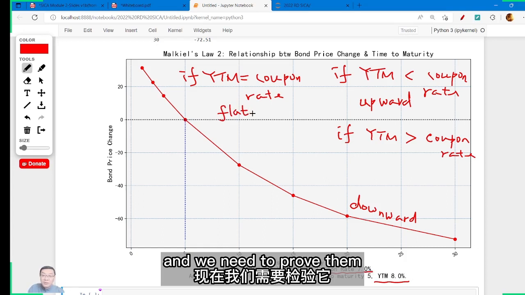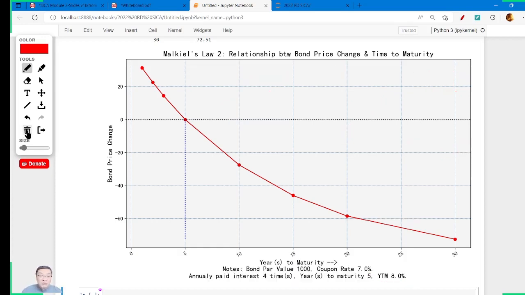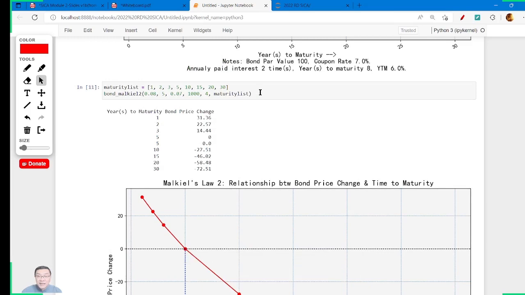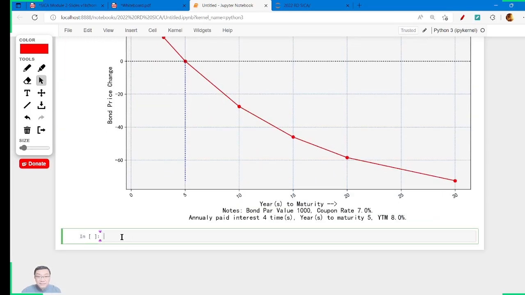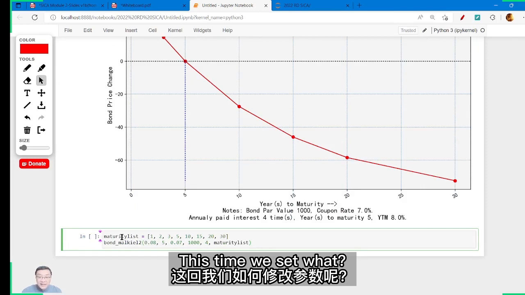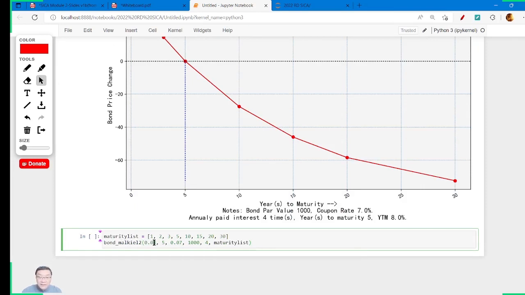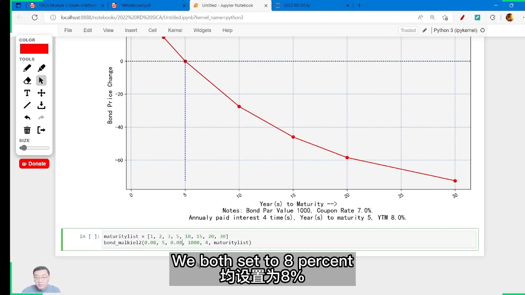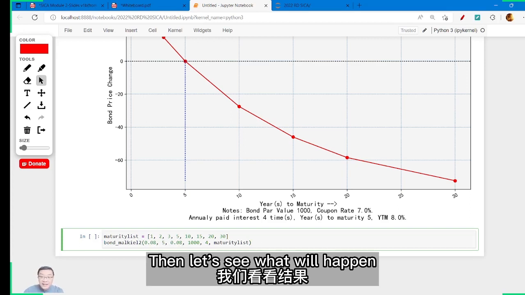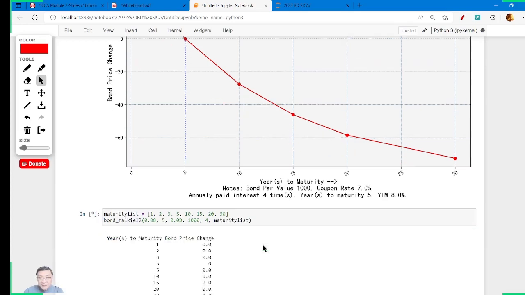We need to prove it. So let's see what will happen. Let's change the command. This time we set YTM equal to the coupon rate. We both set to 8%.